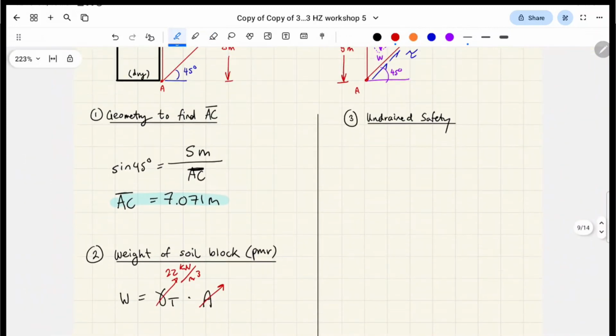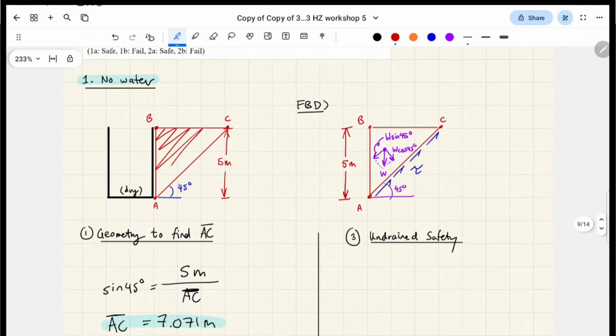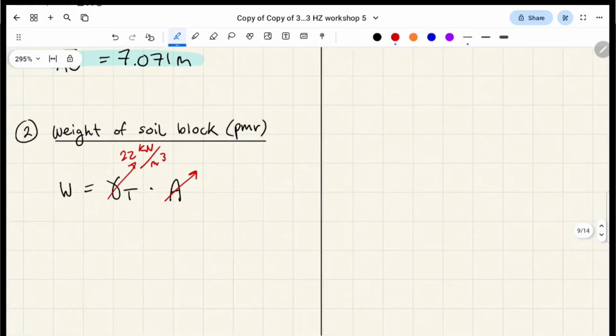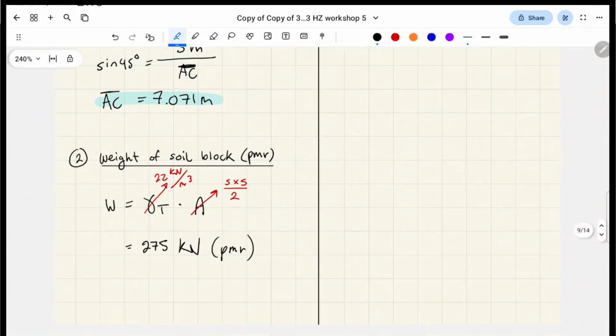So what is A? A is this area, so the area of that triangle is half base times height. We know both sides, the base and the height are 5. We get 275 kilonewtons per meter. Oh sorry, that's kind of misleading. This is kilonewtons per meter run, aka per meter into the page.